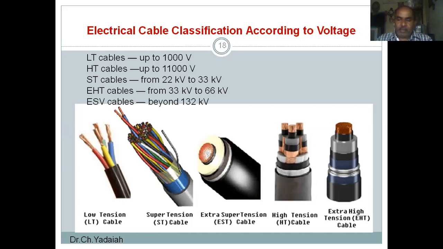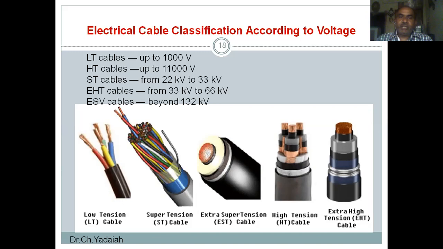The LT cables are less than 1000 volts. HT cables range above 1000 volts and less than 11 kV. Supertension cables are from 22 kV to 32 kV, in between which voltage you can use supertension cables.